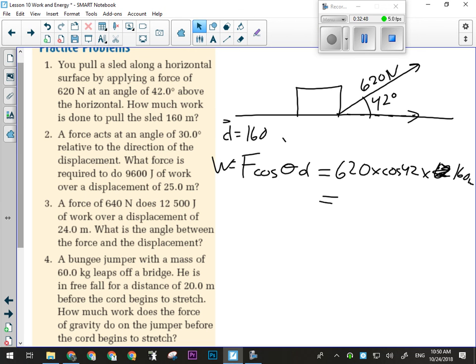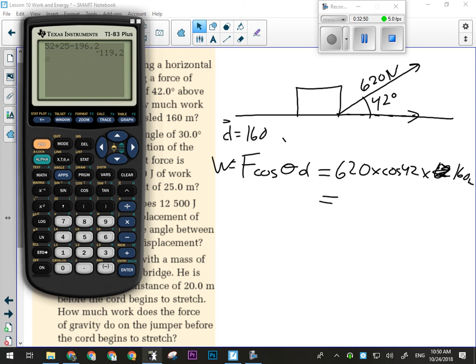Okay, so when I plug all that into my calculator, 620 times the cos of 42 degrees, times 160. All right, so I do 73,719 joules worth of work. That's a lot.